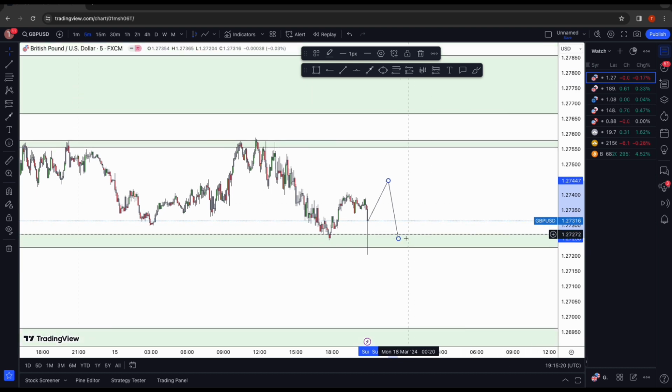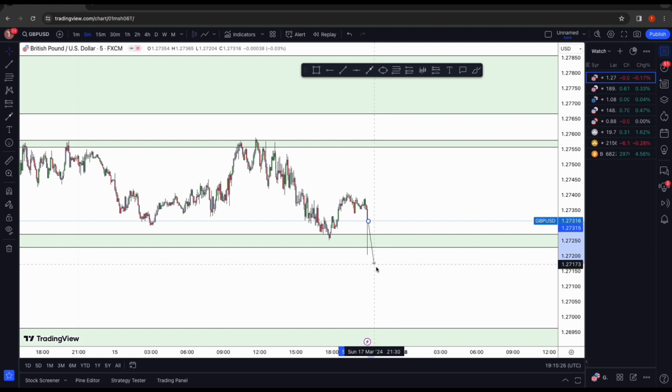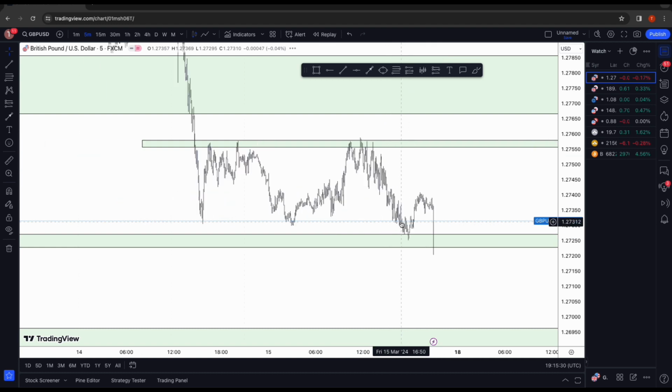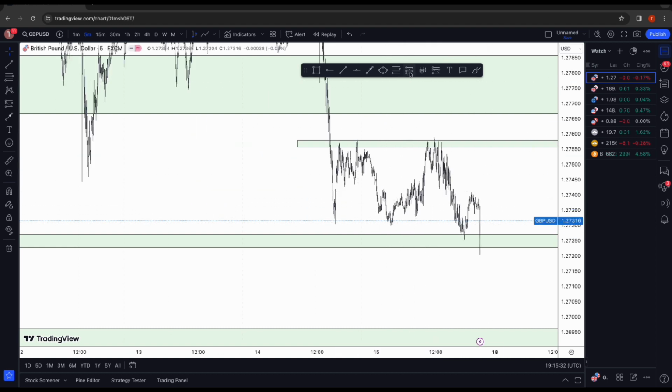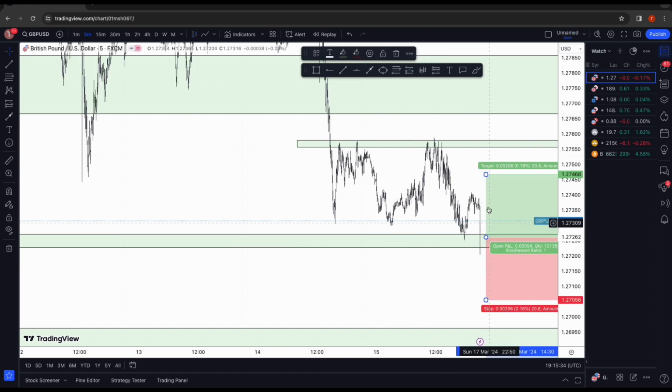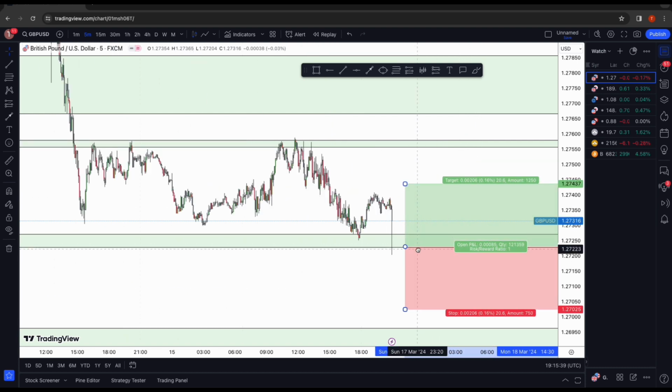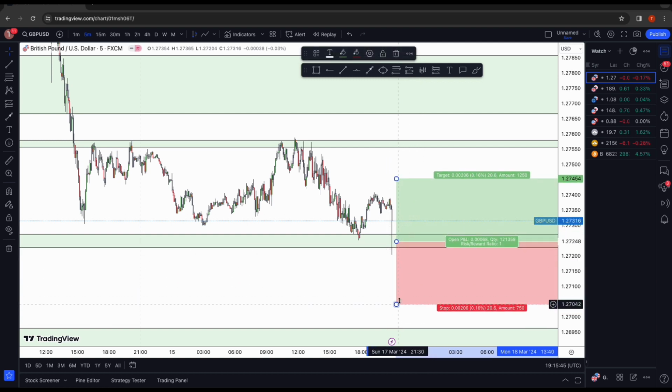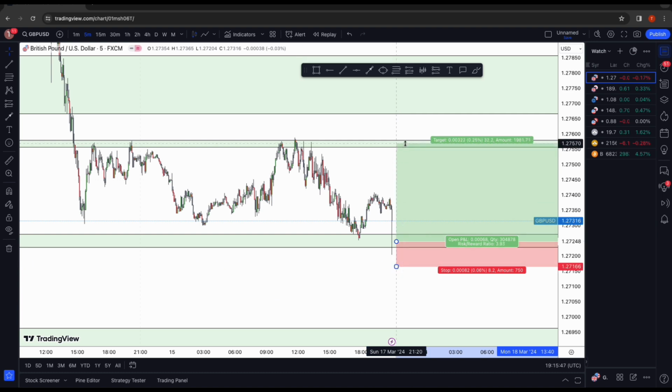Maybe even if we get a stop hunt under here again, or if price dips below here and gives us another wick, that could be an indication for another buy. So if you was to buy, wait for it to come back down to these levels. If it closes below here, don't do it. If we get another wick like this, then that could be a potential entry.